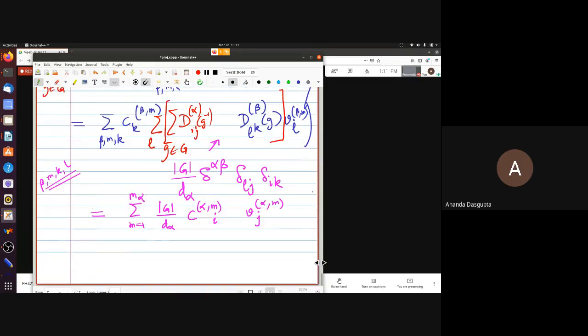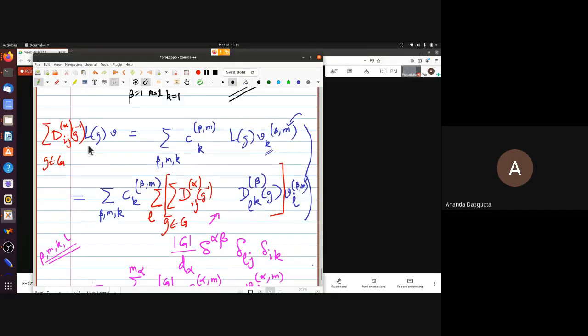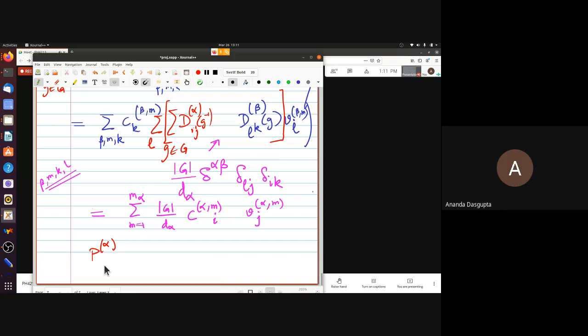So what we have is an operator. Let me just define that operator. P alpha. This operator, of course, depends on which particular representation you're talking about, which particular irrep, and which indices. So P alpha ij, which is by definition the sum over the entire group.